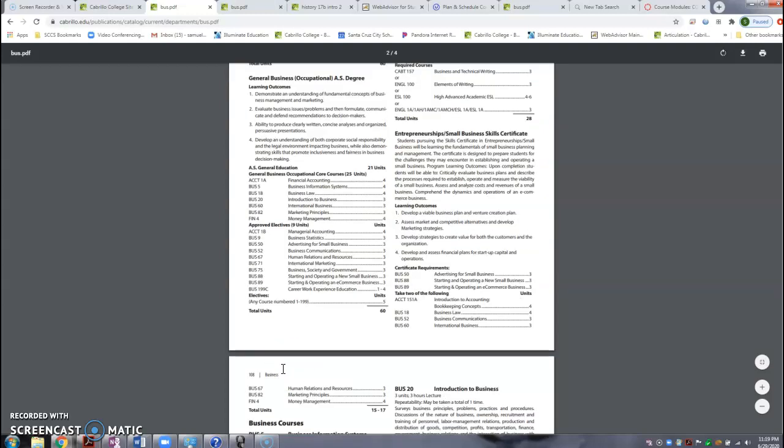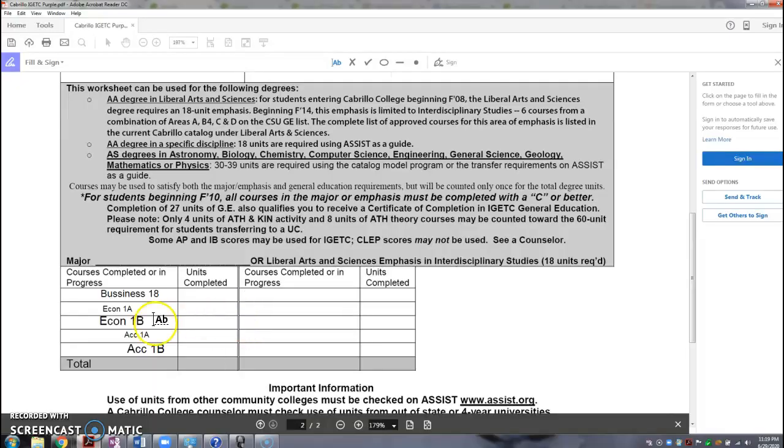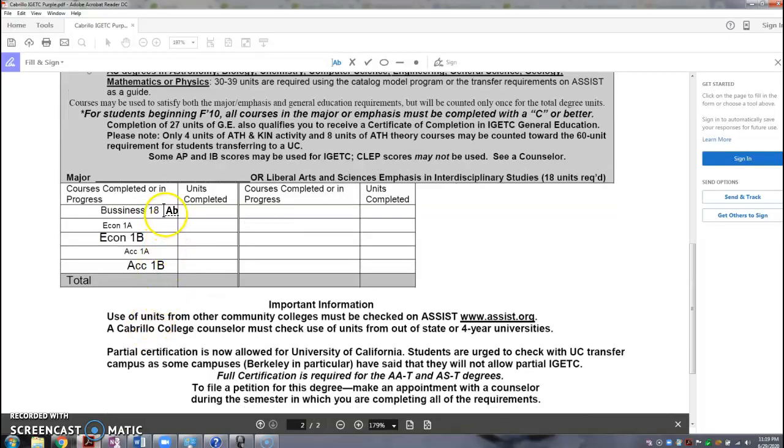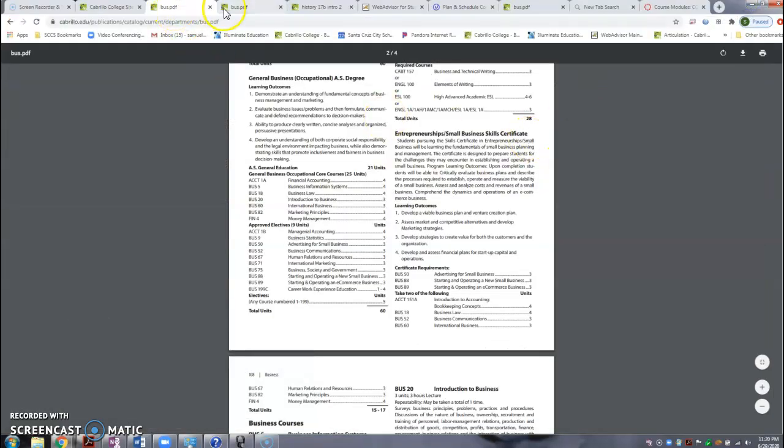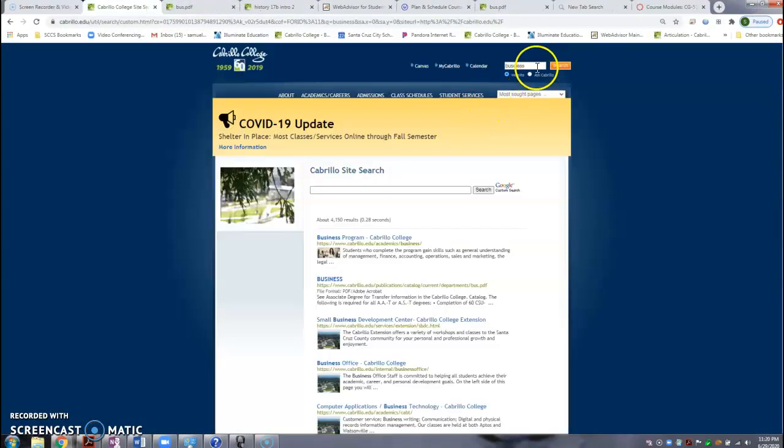Now, again, this is just kind of for practice. Okay, so you do Business 18, Accounting 1A, 1B, Econ 1A, 1B. Okay, so if you do a different major, just make sure you put it in here. For example, if you want to do a sociology, right?